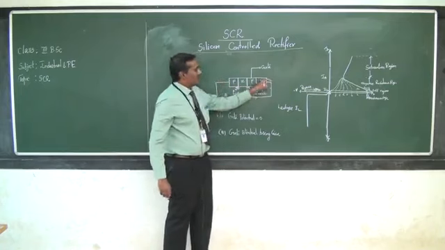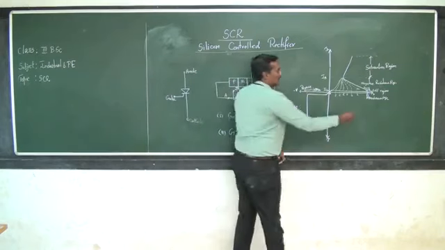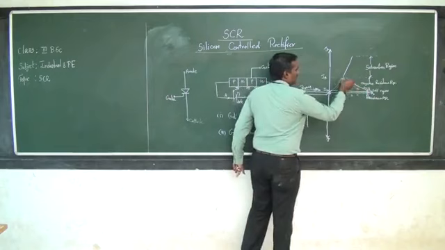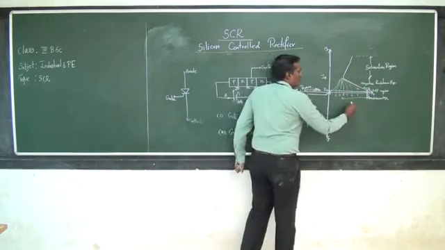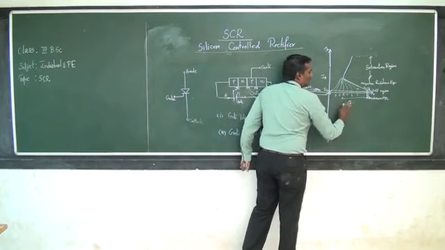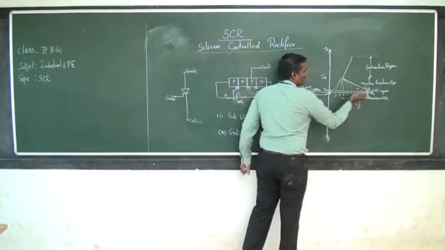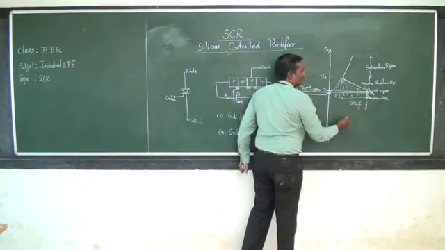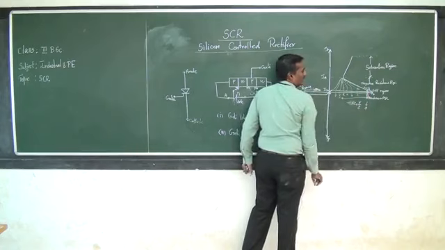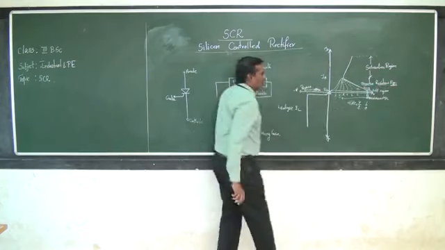There is a sudden increase in the current, but there is a reduction in the voltage, because the current keeps increasing but the voltage keeps decreasing. It is opposite to Ohm's law, R equals V by I, but here voltage decreases while current increases. Therefore, it is opposite to Ohm's law. That is why we call it the negative resistance region.